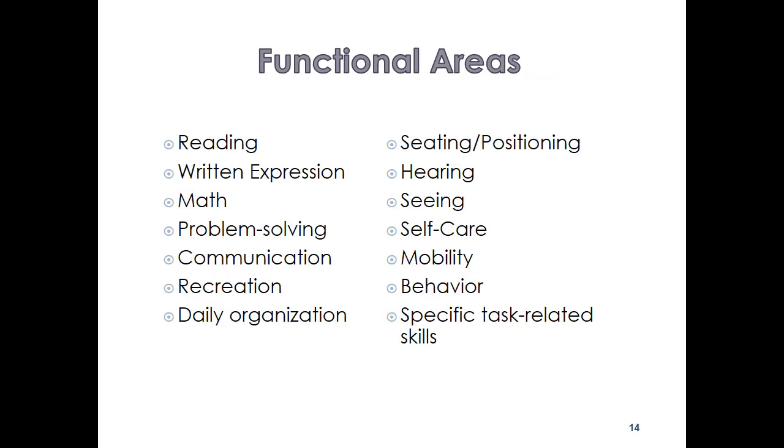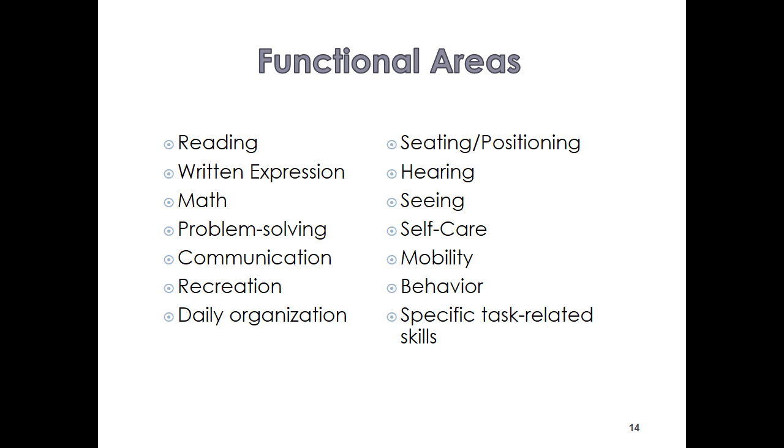Some of the functional areas we need to look at are reading, writing, any type of literacy piece, looking at math, problem solving. Communication happens everywhere. It doesn't happen just in your speech and language hour that you have per week.